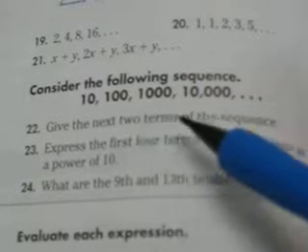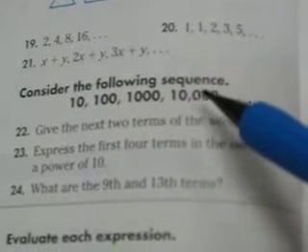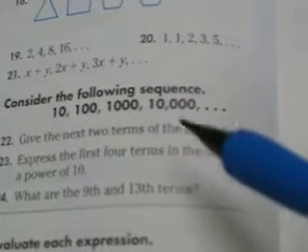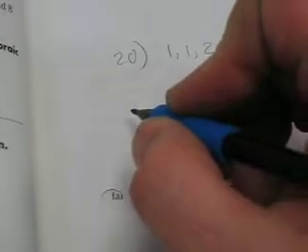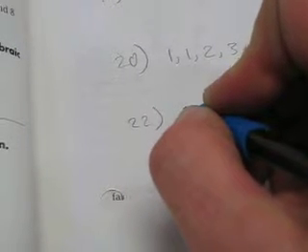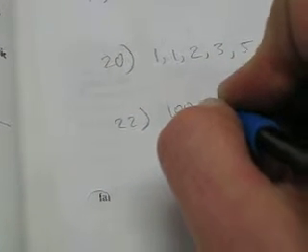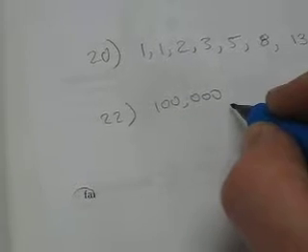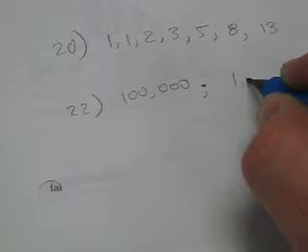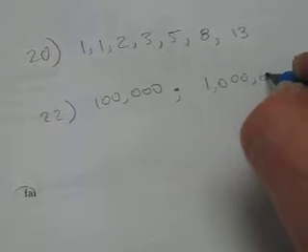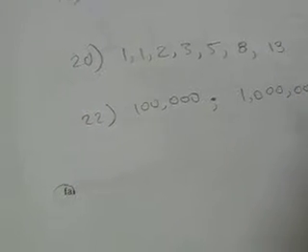So the next 2 terms in the sequence, well, we have 10,000. If we add a 0 and then another 0, then for number 22 we're going to have 100,000 for the next term, and then the next term would be 1 million for number 22.